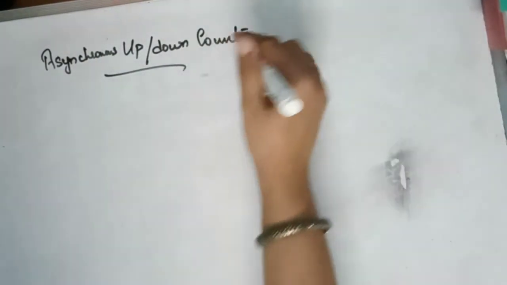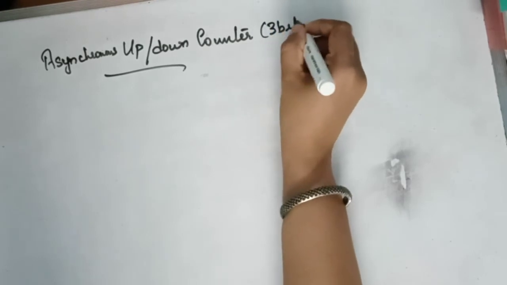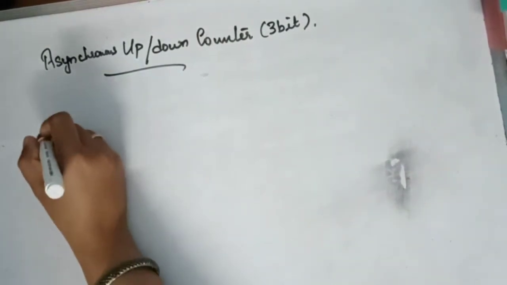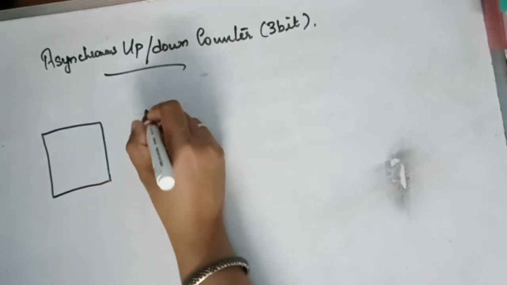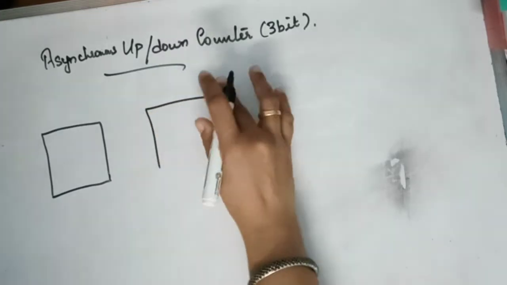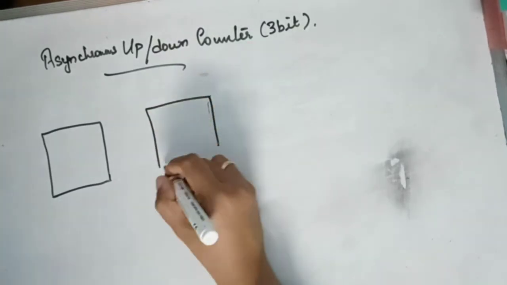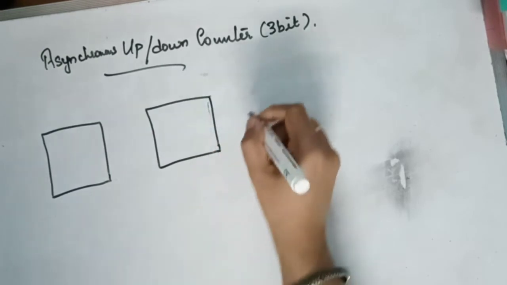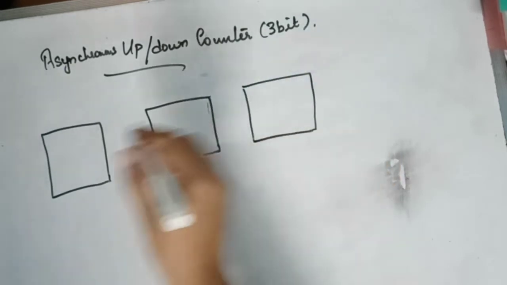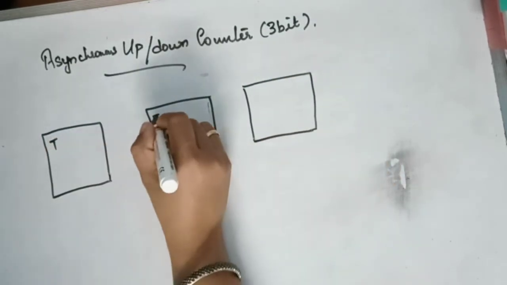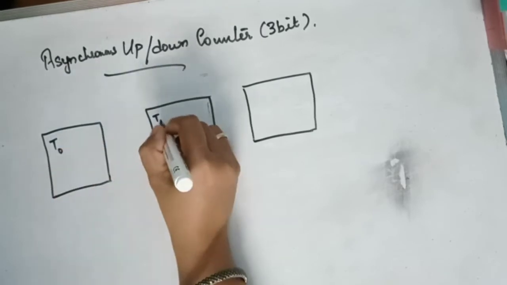So here we are going to consider 3-bit asynchronous up-down counter. So we know that in up counter as well as down counter, we are making use of T flip-flops, or if you are using JK flip-flop, you will connect it as T. So let this be T0, T1, T2.